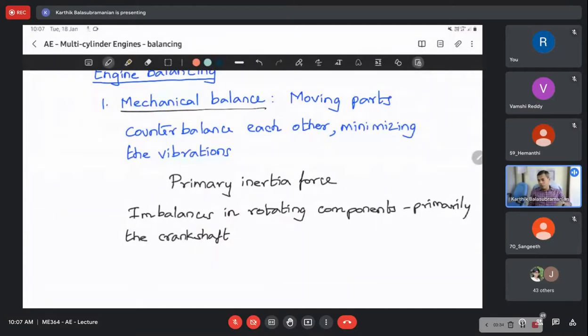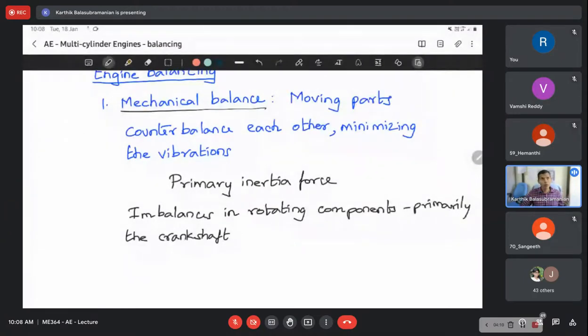For example, for every rotation of the crankshaft, just a moment. Yeah. So these are primary inertia forces, right? Primary inertia forces are caused due to the rotating components.